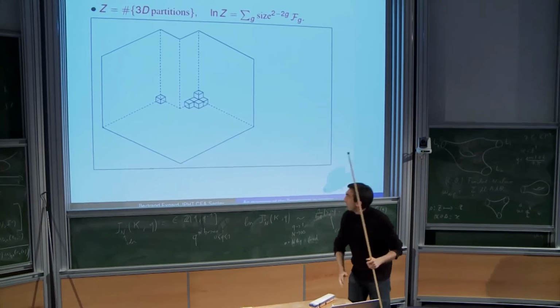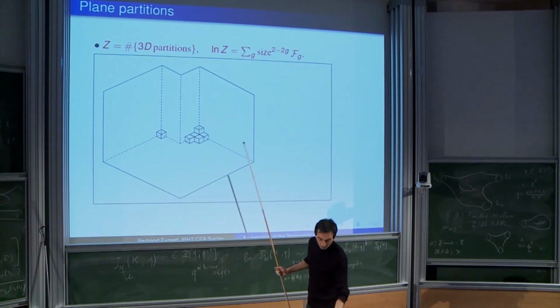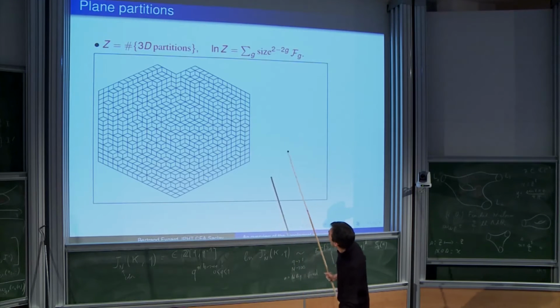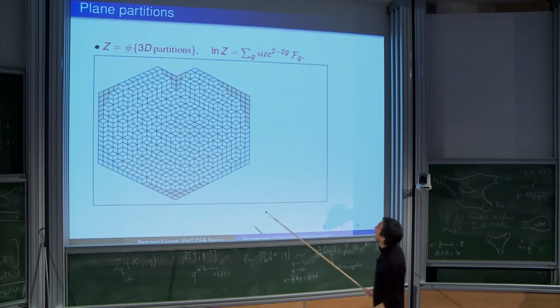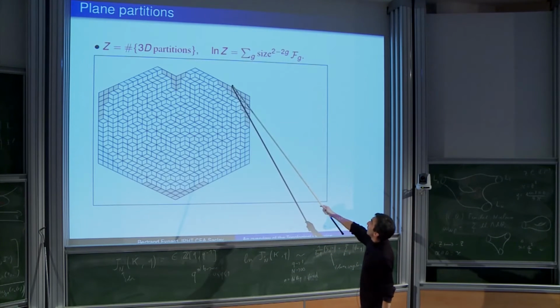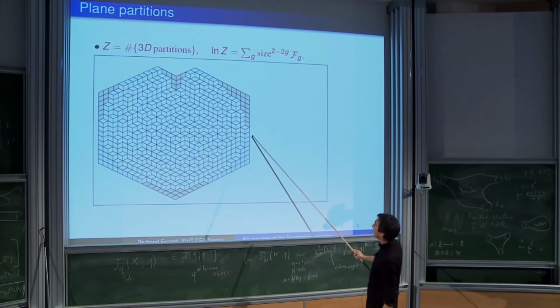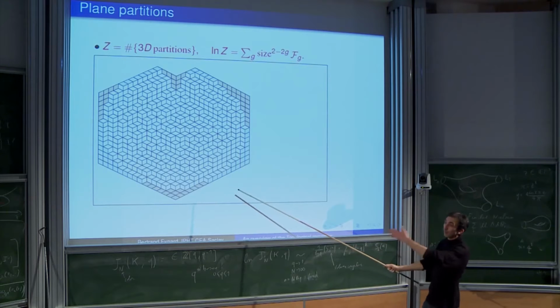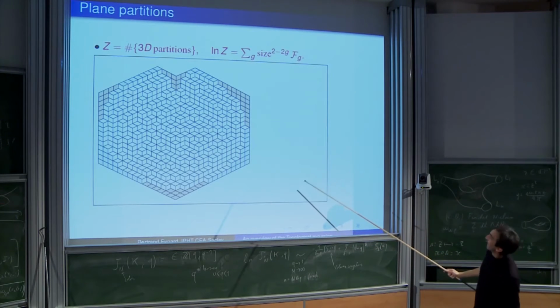Oh yes, sorry. When you put a lot of cubes, so here it's a configuration with very few cubes, but when you put a very large number of them, it starts to look like that. And if you observe, there are some regions where there is no cube on the walls here. And here, on the contrary, you have reached the opposite wall of the room. Can you see the colors? Yeah.